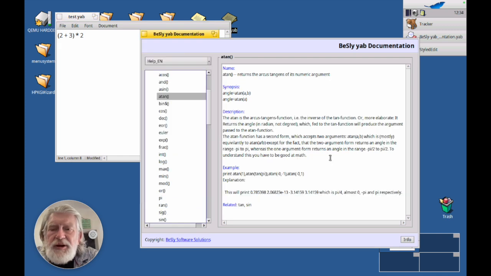Okay, where were we? So that's your basic maths, really just arithmetic. But of course, if you're writing something like a screensaver or a graphing application, you want to look at these other ones.